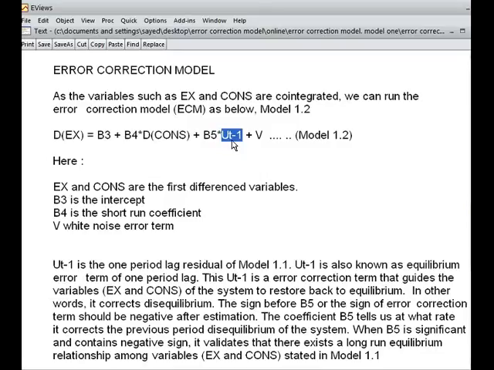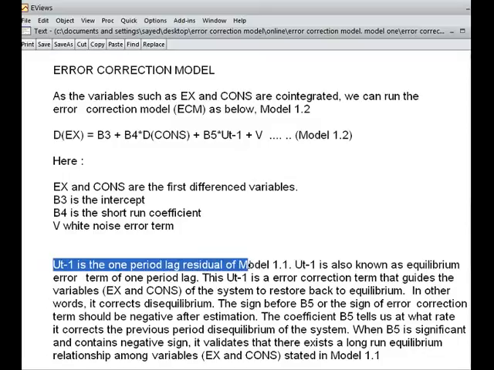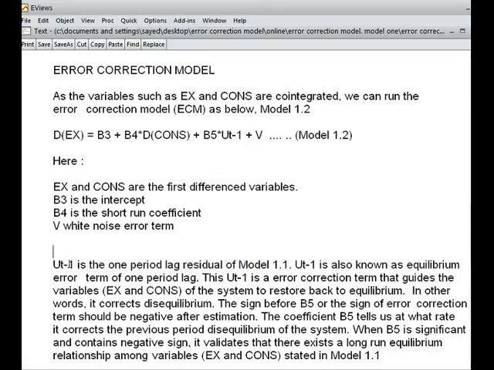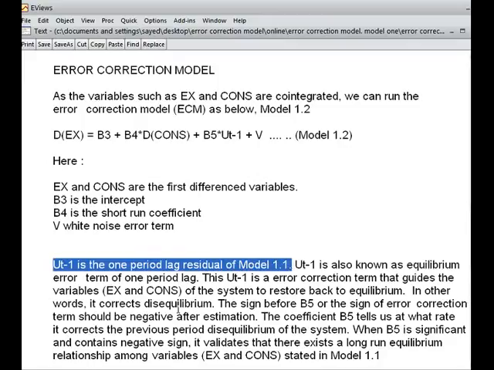What is it? ut minus 1 is the one period lag residual of model 1.1. I'm showing again. ut minus 1 is the one period lag residual of model 1.1. Okay, here what is model 1.1?